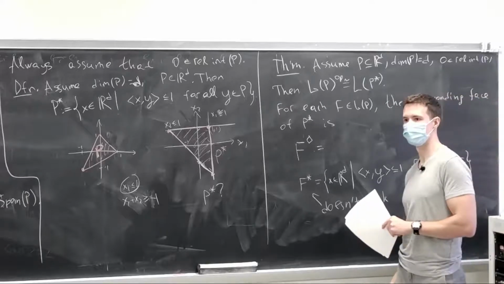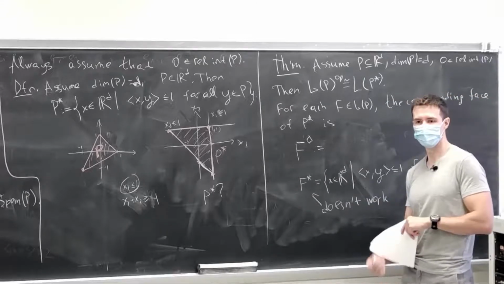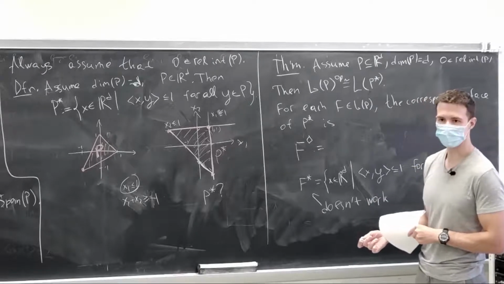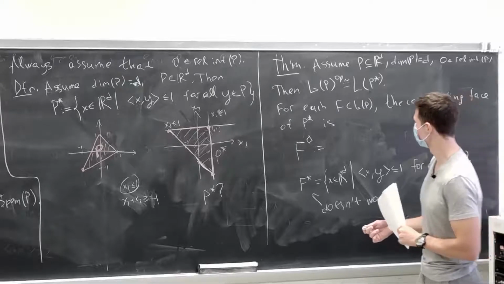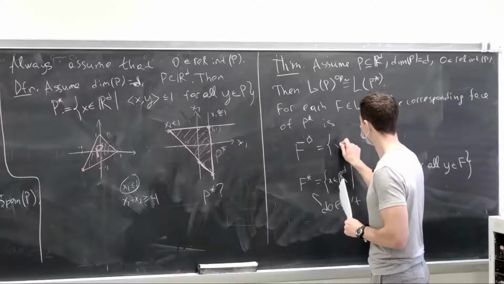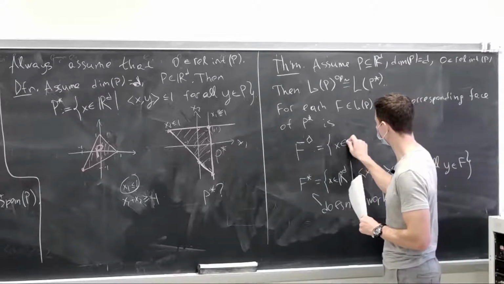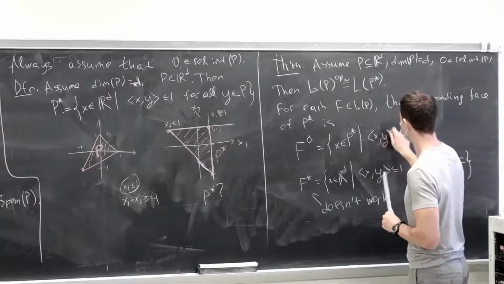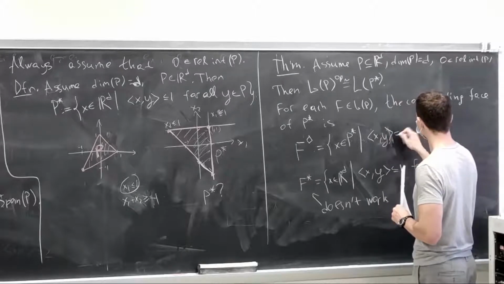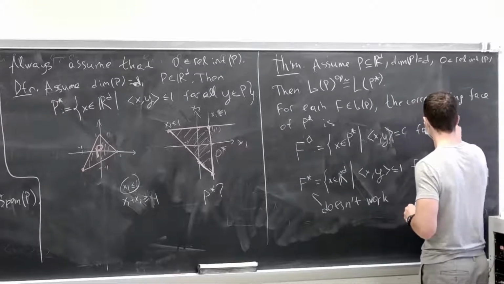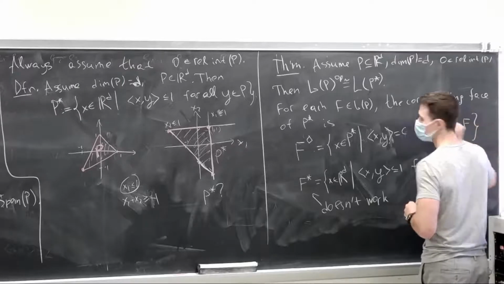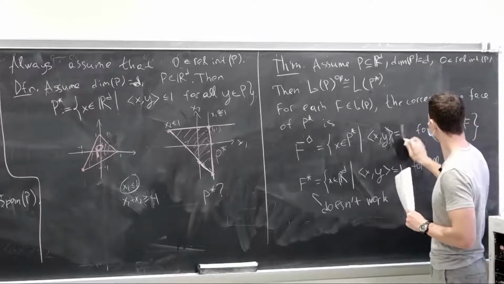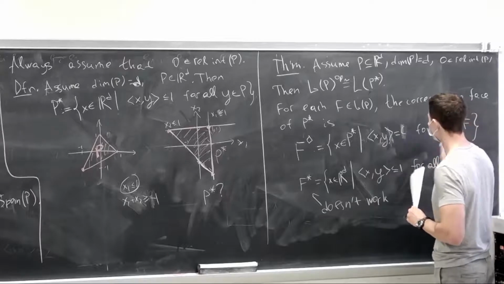Any other ideas? Yeah. Which have constant inner products on F. Oh, okay, interesting. So you want all vectors, let's say, in P star, which have <x, y> equal to a constant C for all x in F. Oh, so you want the constant to be equal to 1 for all y in F, all right.